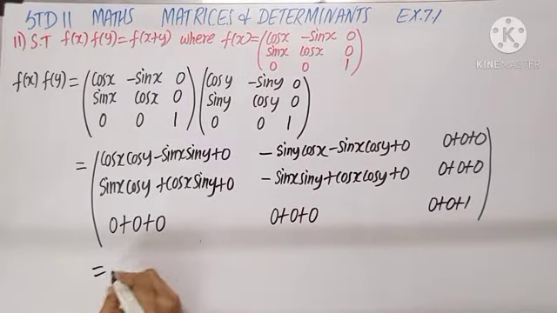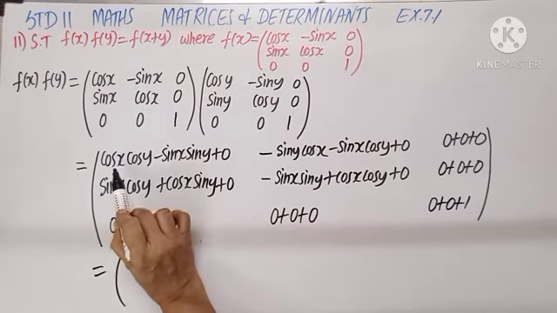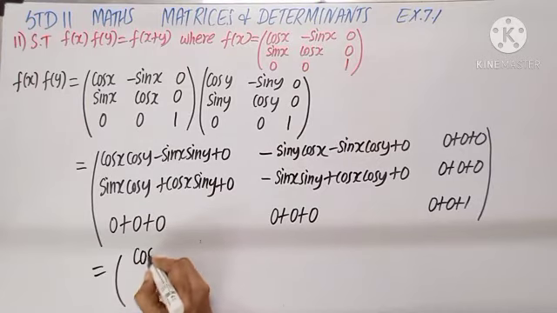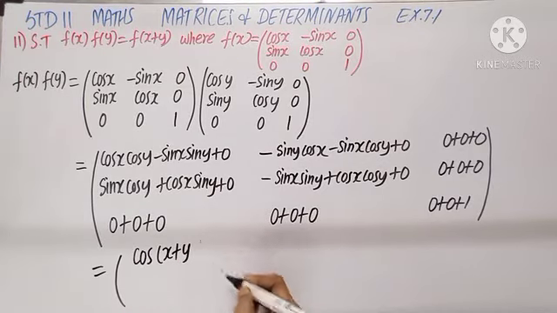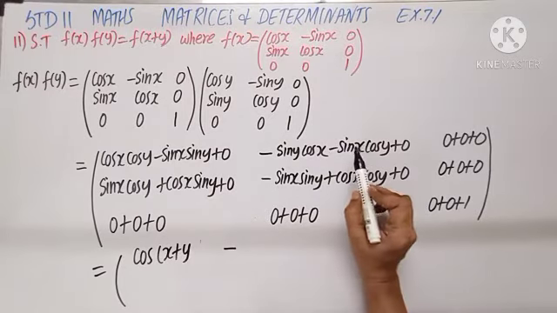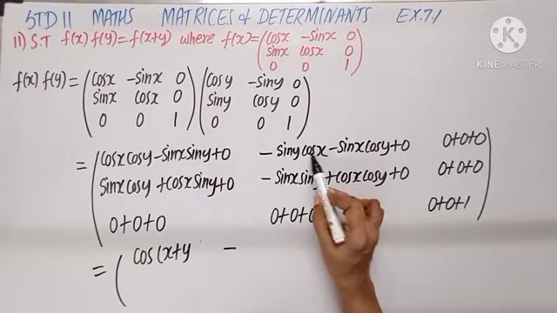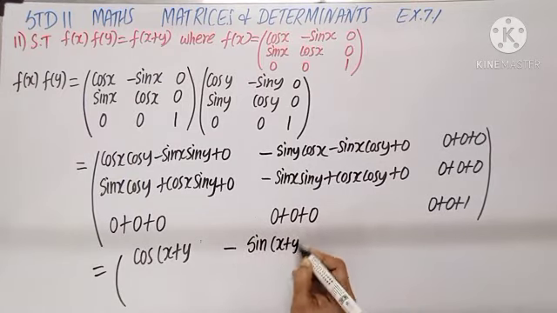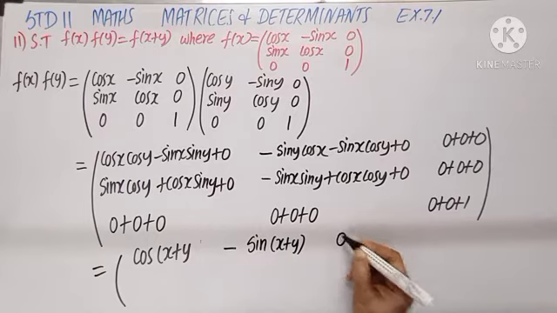As we simplify, it is again the trigonometry formula: cos x cos y minus sin x sin y becomes cos of x plus y. If I take the minus sign out, it is sin x cos y plus cos x sin y, that is sin of x plus y. The third entry is 0.